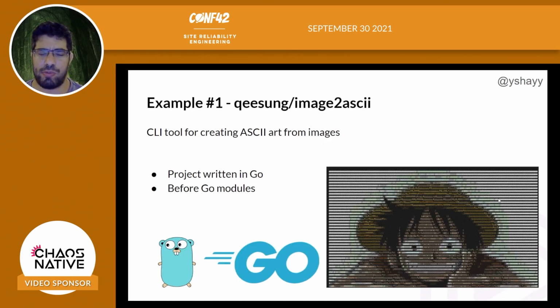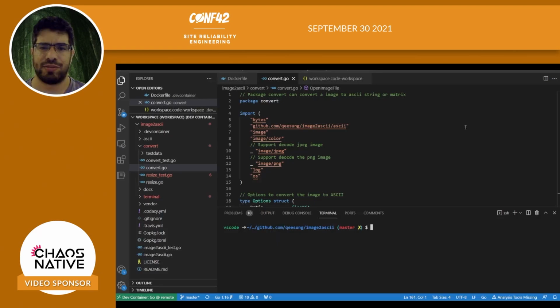So let's start with a quick example. The first one I'm going to show is a project that translates an image to ASCII art. The project is written in Go from before Go modules, so it has several challenges. Let's start to develop it.